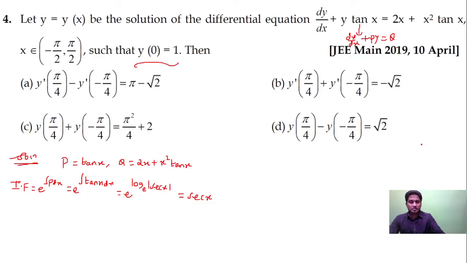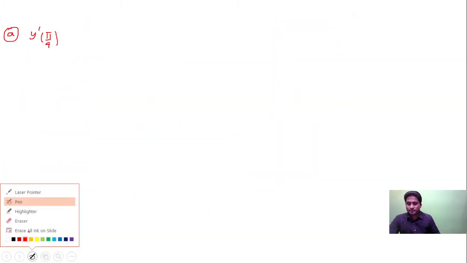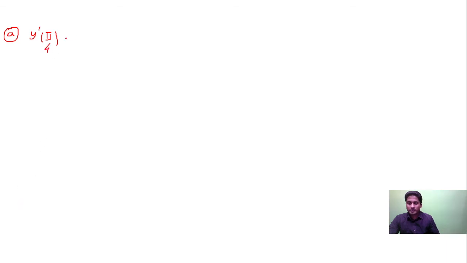Okay, let me use the options now. First option A is equal to y dash of pi by 4 minus y dash of minus pi by 4. y dash of pi by 4 will be equal to pi by 2 minus 1 by root 2. y dash of minus pi by 4 will be equal to minus pi by 2 plus 1 by root 2.